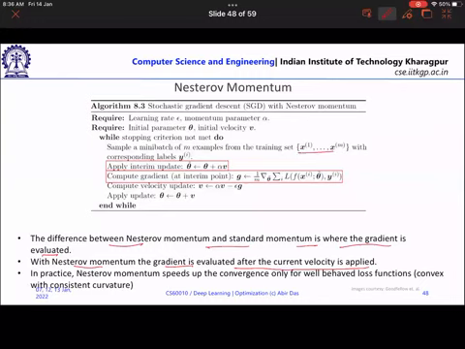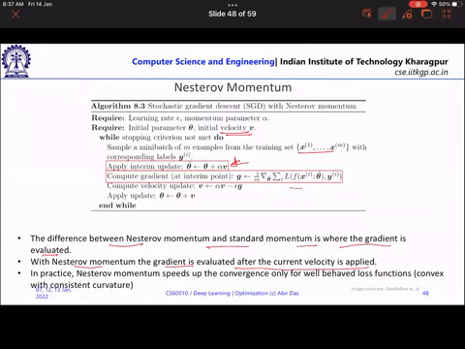You sample the mini batch, then apply the interim update, that is the momentum. Though it is called a momentum based method, this v is called velocity. So you apply that, you move theta there, one step more along your previous gradient. So you are looking ahead, predicting where it would have gone if there was just the momentum and no other instantaneous force, and there you compute the gradient.